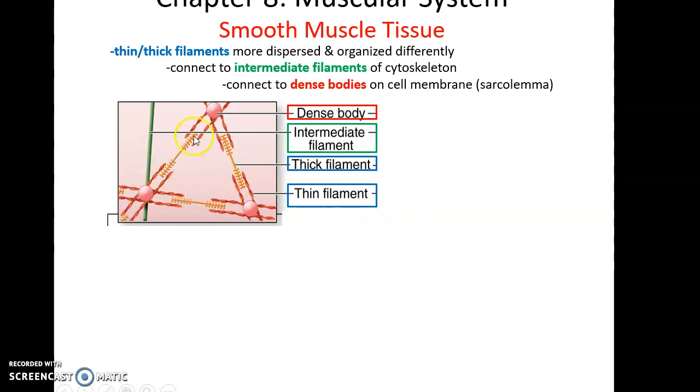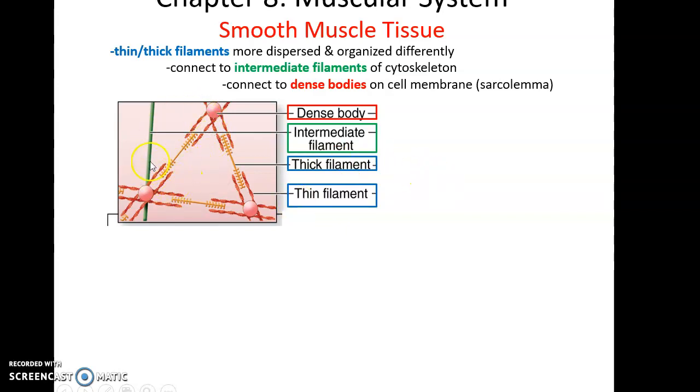And then, of course, the thick filaments can connect nearby thin filaments together. This means that the thin filaments are attached to the cytoskeleton, attached to the cell membrane or sarcolemma, and the thick filaments are connecting the thin filaments to each other.